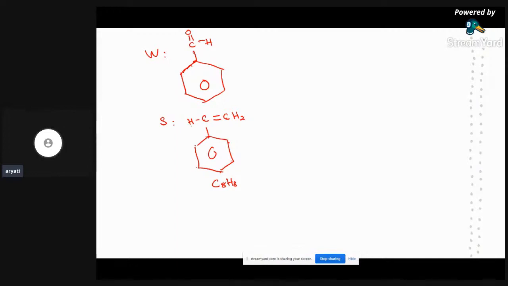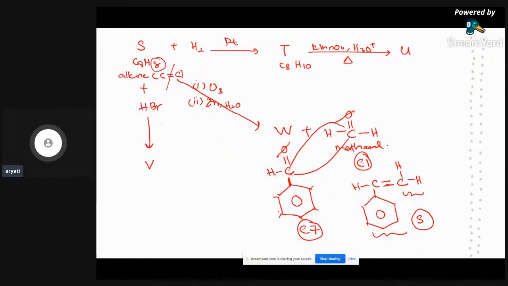So this is the structure for S. Okay. Kemudian bila dah tahu structure bagi S, so saya lukis kat sini. So structure bagi V will be, okay, S ialah, so saya salin balik structure ni. Ini structure bagi S, CH, double bond, CH2.